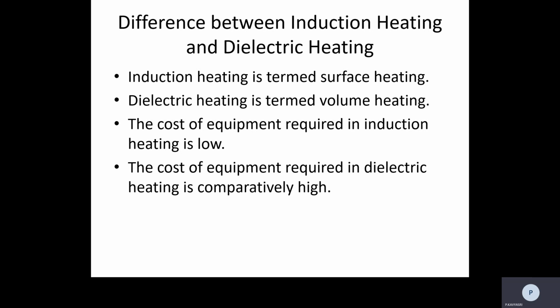Now I will tell you the dielectric constants and power factors of some materials. For hard rubber, the relative dielectric constant is 2.8 to 3.2, and the power factor is 0.3 to 0.8. For glass, the relative dielectric constant is 5.5 to 9, and the power factor is 0.2 to 0.4.